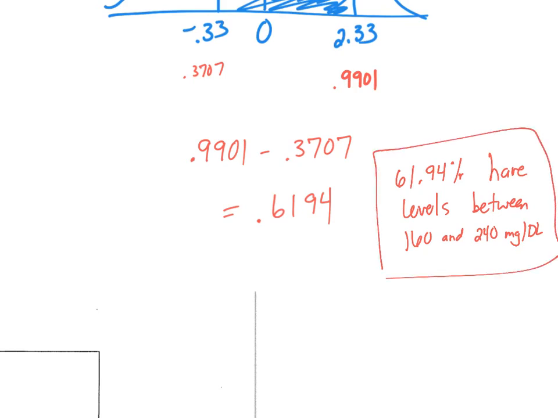So a pretty good chunk of 14-year-olds have a cholesterol between 160 and 240, 61.94%.